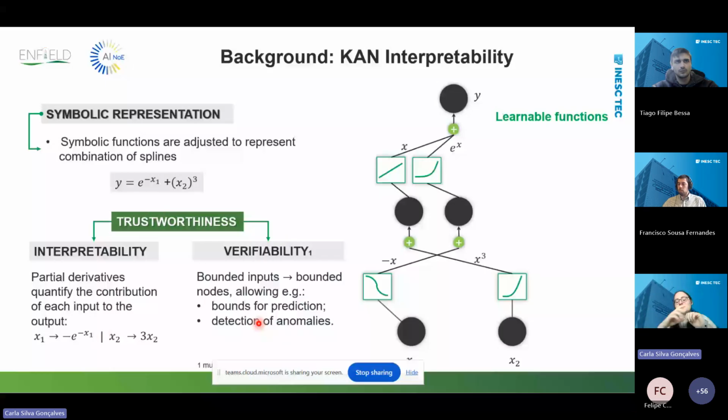The other one is verifiability, in terms of verifying if the output makes sense or not, because we know that if we are working with renewable energy, the output should be something between 0 and installed capacity. So if it is outside these limits, it does not make real sense.